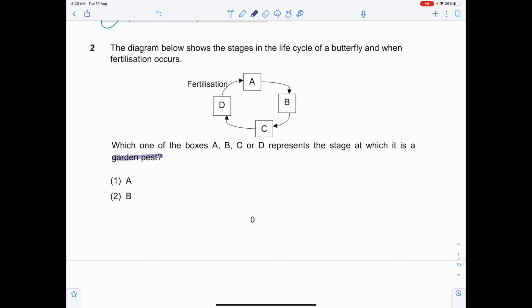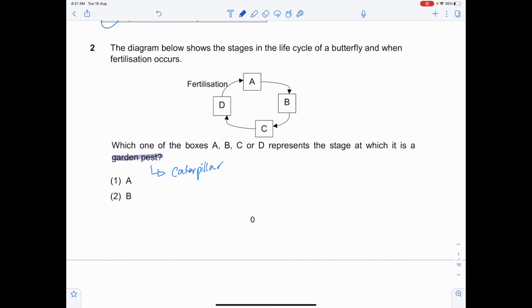So, in order for it to be a garden pest, we must ask ourselves, which part of the butterfly's life cycle will probably result in the damage of leaves, and that will actually be our caterpillar. Unlike your caterpillar, the adult butterfly is actually beneficial to plants because it helps out in pollination. So that's something we need to take note of.